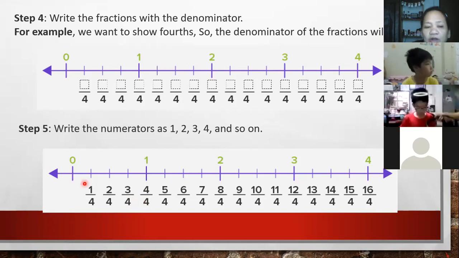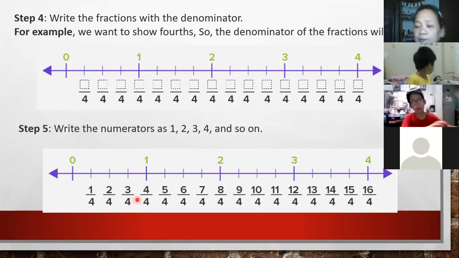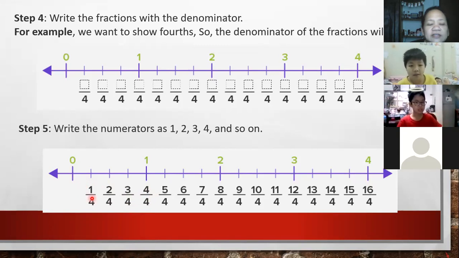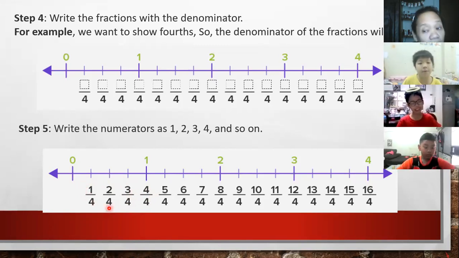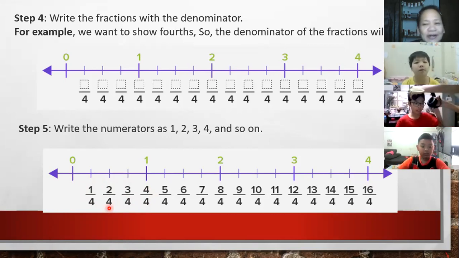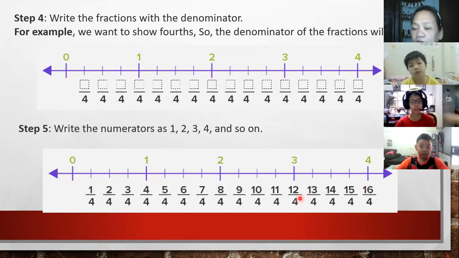Okay. What do you call this fraction? Proper fraction. And then you start here until 16/4, what do you call that? Improper fraction. Okay, very good.